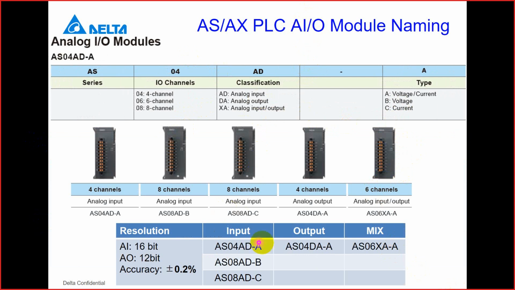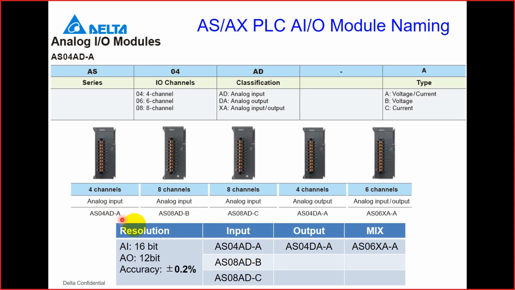Okay, and here would be some difference. So okay, how to say? This one is if you able, I think maybe some of you have the experience of our PLC. So I think this one is follow the same rule.